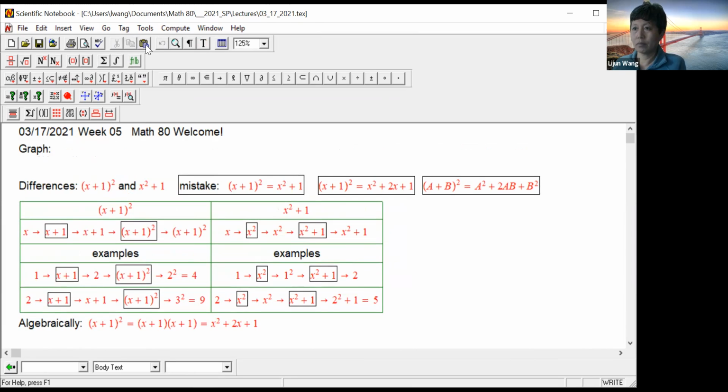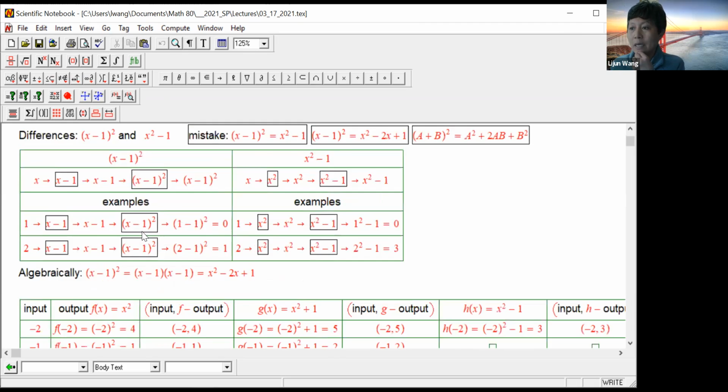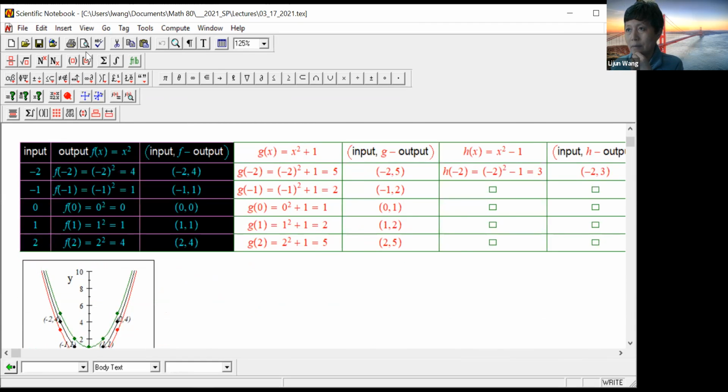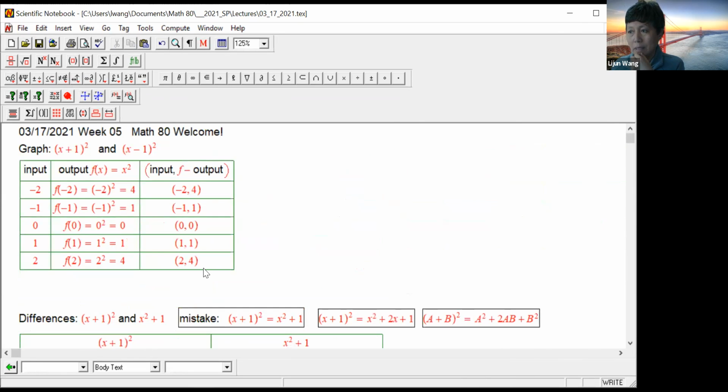And this time we're going to make 3 different tables. And of course, the first table is still this guy. Okay, and the second table.